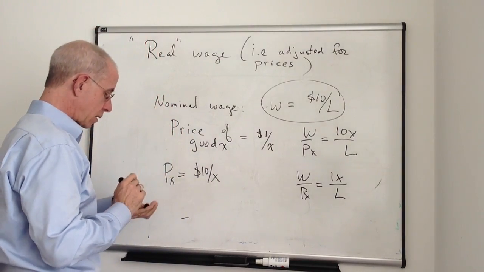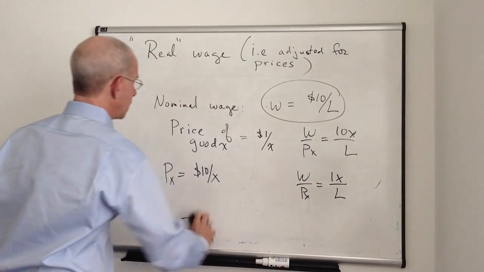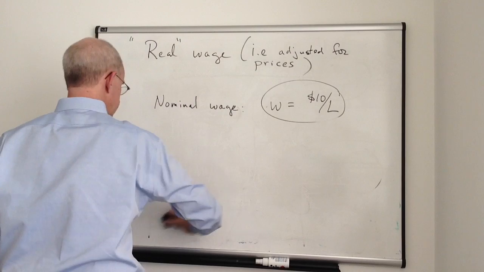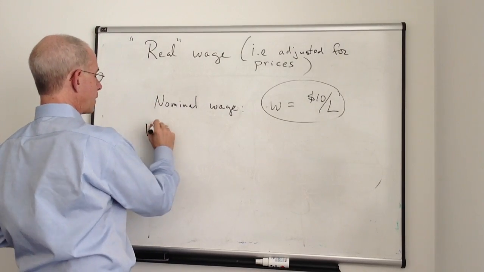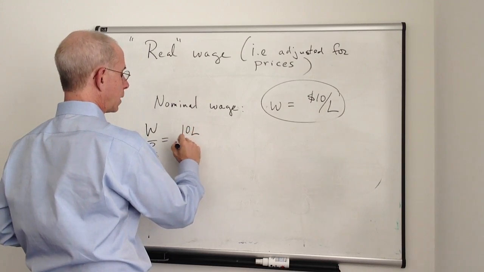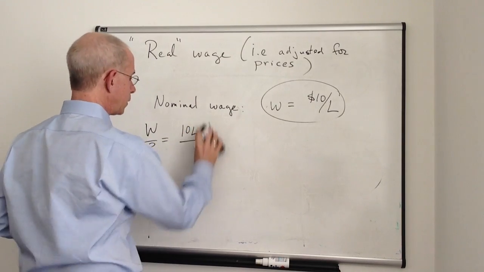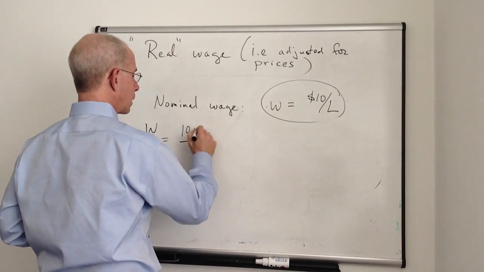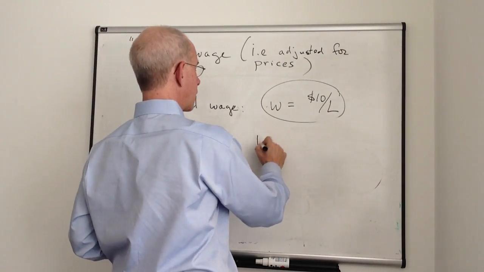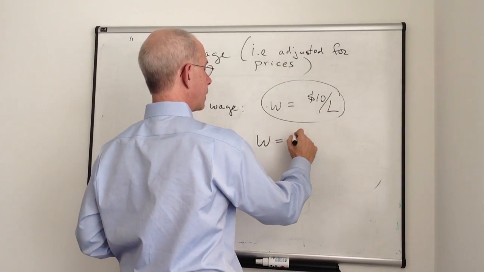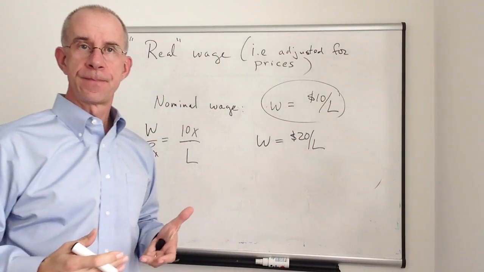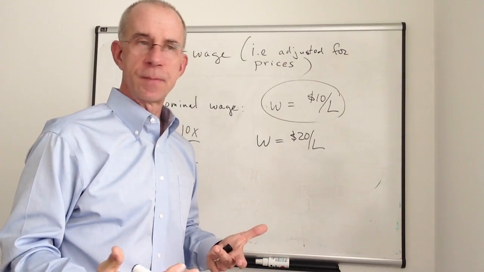So we can think of this in one final example. We have this original real wage of 10 units of X per worker. And let's say that the wage has gone up to $20. The wage has jumped.